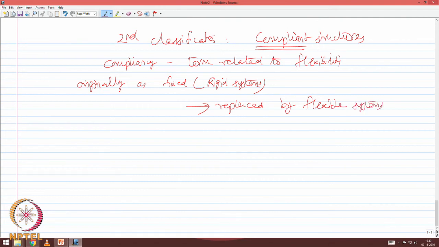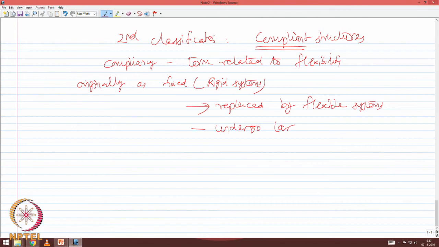Immediately in mind, in the engineering perspective, one can ask me a question: when the system is flexible, the system will undergo large deformation. In fact, the deformation, if done on global, we call this as compliant. What do you mean by global displacement?